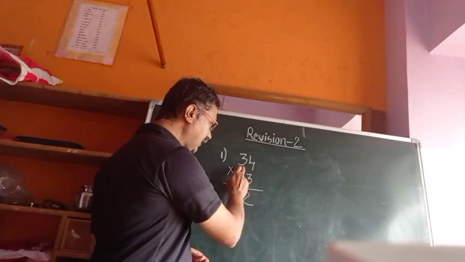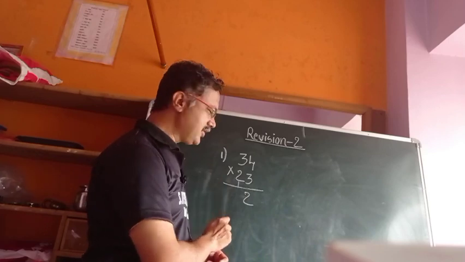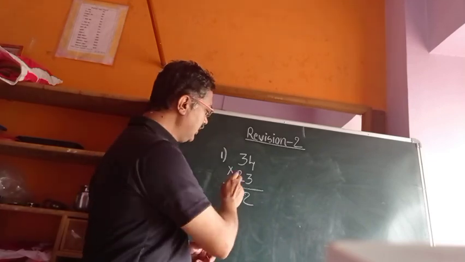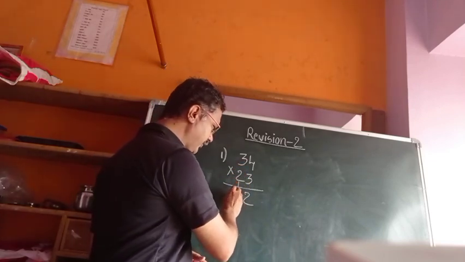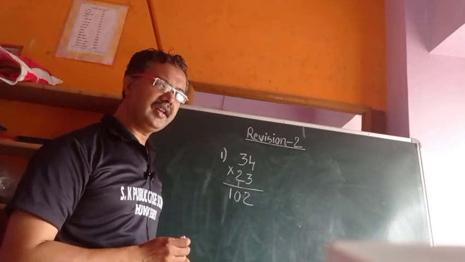Yes, 3 3s are 9 plus 1. You have to add these numbers. Whatever carry forward number is there, you have to add. 3 3s are 9 plus 1, 10. It becomes 10.